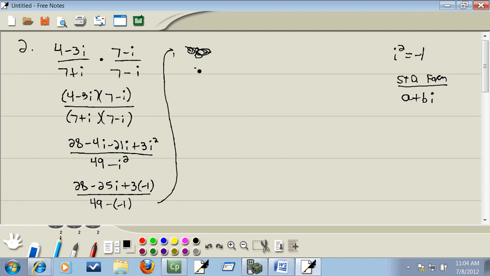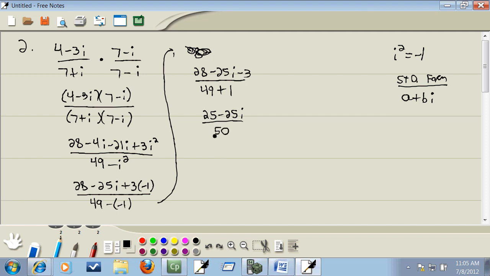Okay, let me try it again. 28 minus 25i. 3 times negative 1 is a negative 3. And down below, the negative negative becomes a positive, so it becomes 49 plus 1. Now back up on top, 28 minus 3 is 25, minus 25i. Down below, 49 plus 1 is 50.